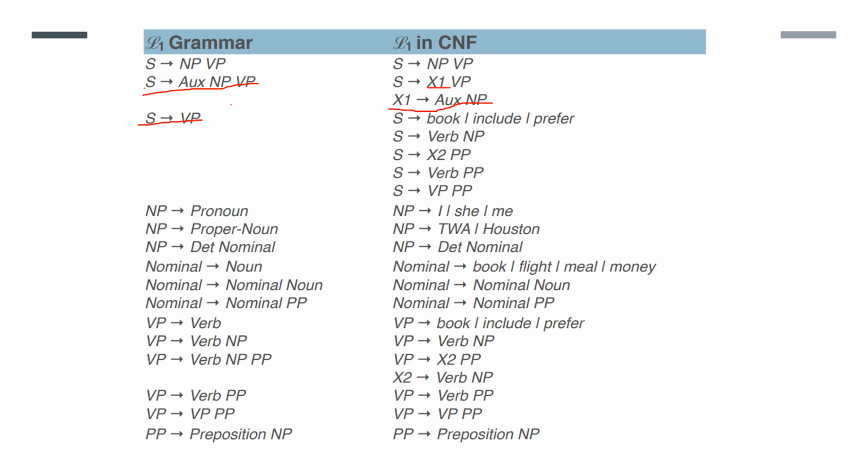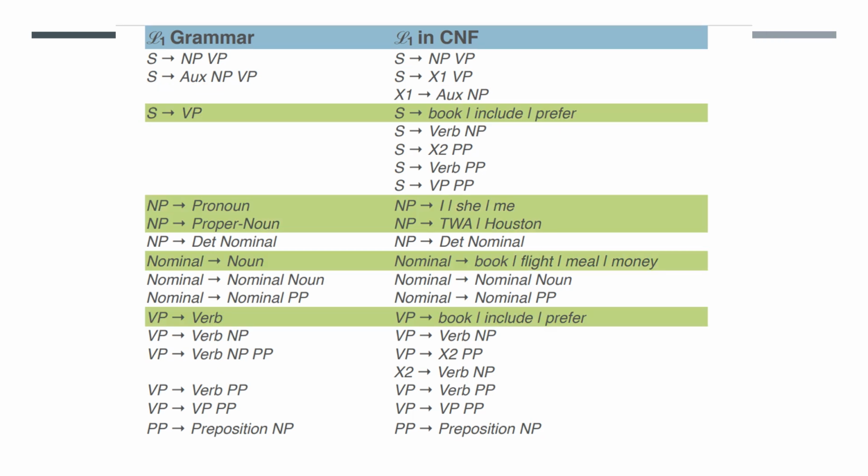Likewise, we'll convert to the CNF form. In this particular rule, we have substituted terminals rather than writing the non-terminal, and for this one we add one auxiliary variable, and this auxiliary variable will go to two.